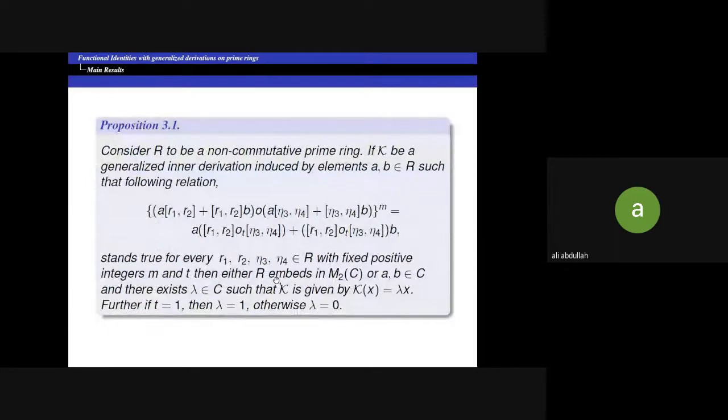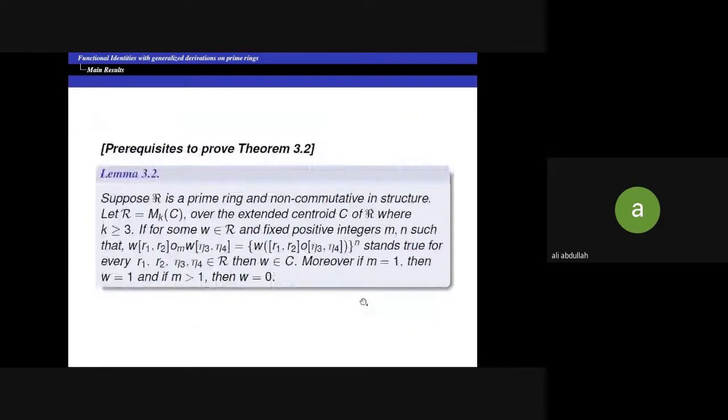This is the proposition required for the proof of theorem 3.1, wherein we studied this functional identity, where r1, r2, r3, r4 belong to the ring R, and m and t are positive integers. Then we have come up with the proof that either Kx equals lambda x. Further, if t equals 1, then lambda equals 1, otherwise lambda equals 0.